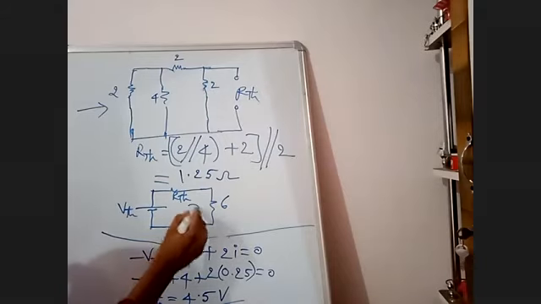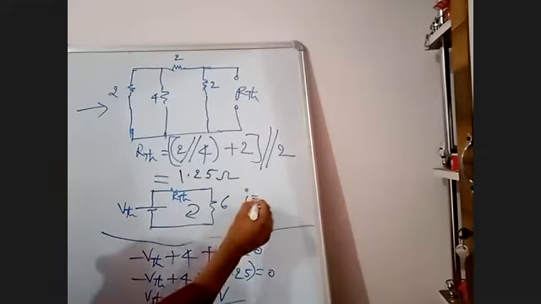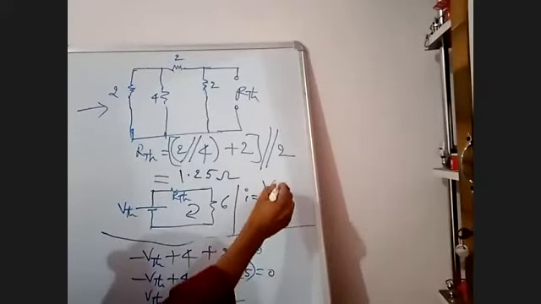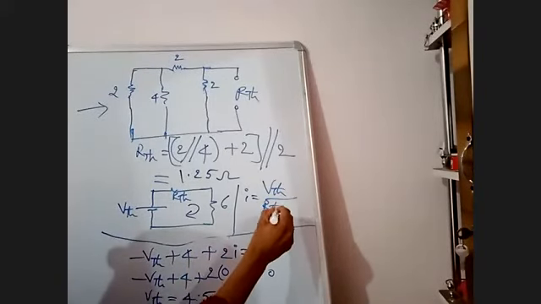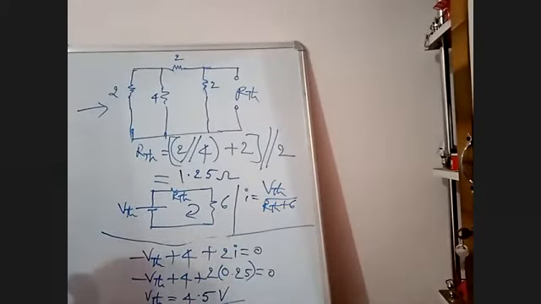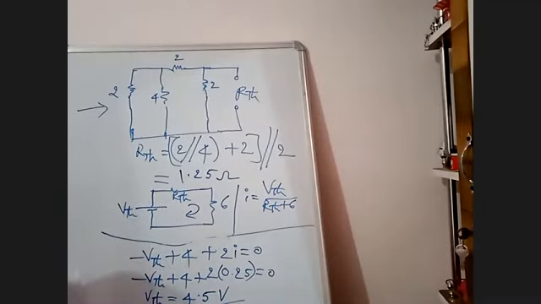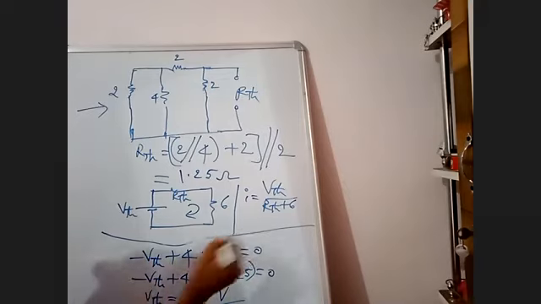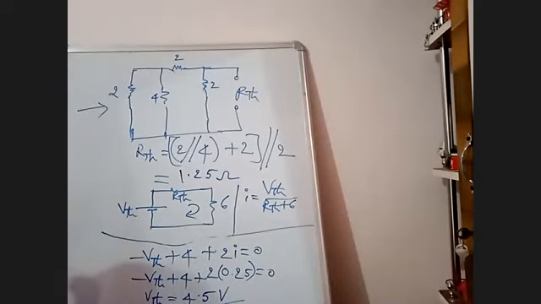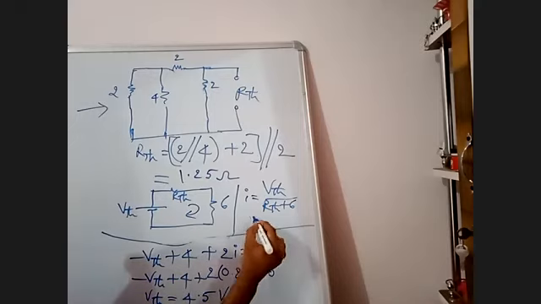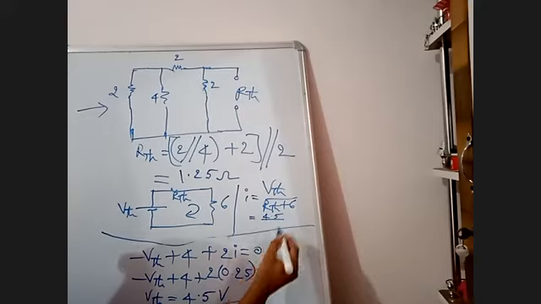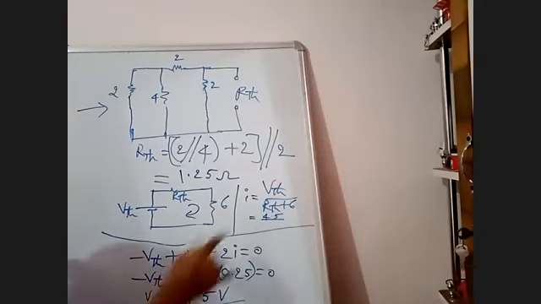What is the resistance you have removed? 6 ohm. Therefore, I is equal to VTH by RTH plus 6. You know VTH and RTH. VTH is 4.5.